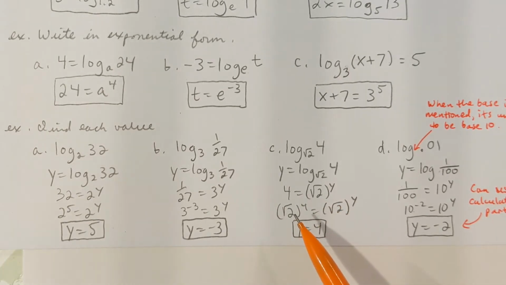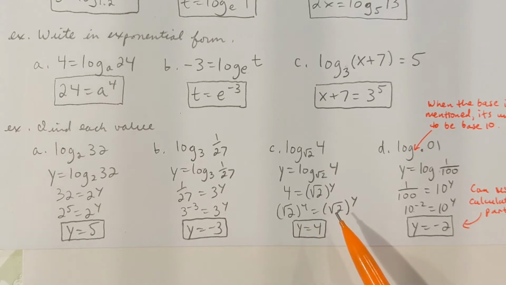Now the square root of 2 squared would be 2, and if I square 2, I get 4. So the square root of 2 to the 4th would be 4. And now I've got root 2 on both sides. I can remove the base and set the powers equal, and it looks like y is 4. So log base the square root of 2 of 4 is equal to 4.